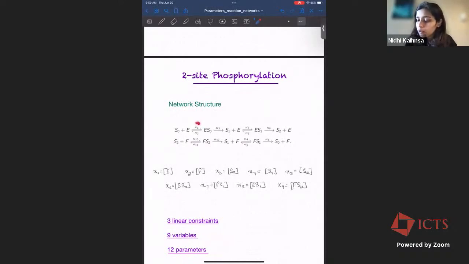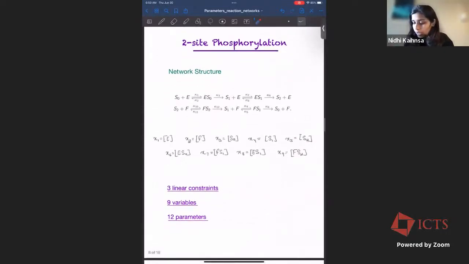Because we have kappa 1, kappa 2, up to kappa 11, and here is kappa 12. So there are 12 reactions in this reaction network, so we have 12 parameters. So what we want to see is for what parameters we get multiple stationary points for this particular network.